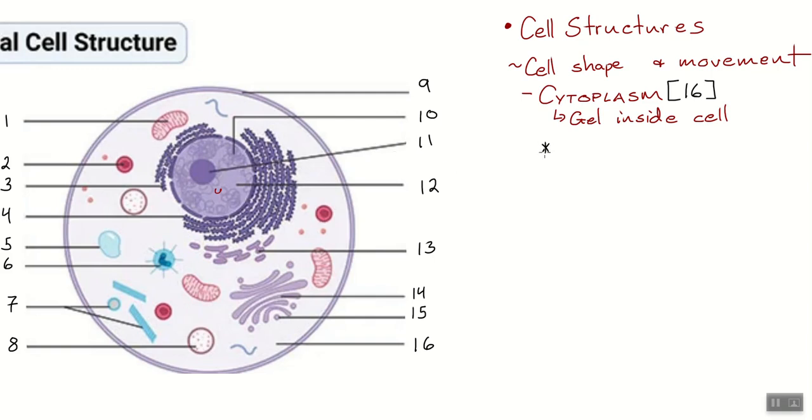So beyond cytoplasm, and I'll go back to red just so it doesn't look like I'm changing colors for any particular reason. Remember, I commented on this yesterday. Maybe you don't remember, but that's okay. Initially, when cells were beginning to be developed and looked at and thought about from a biological standpoint, people just kind of thought that all these little organelles floated around. They don't. Within the cytoplasm, there is structure. Now, it is just this big gel area that gets filled. That's fine and dandy. But within the cytoplasm, we also have the cytoskeleton.